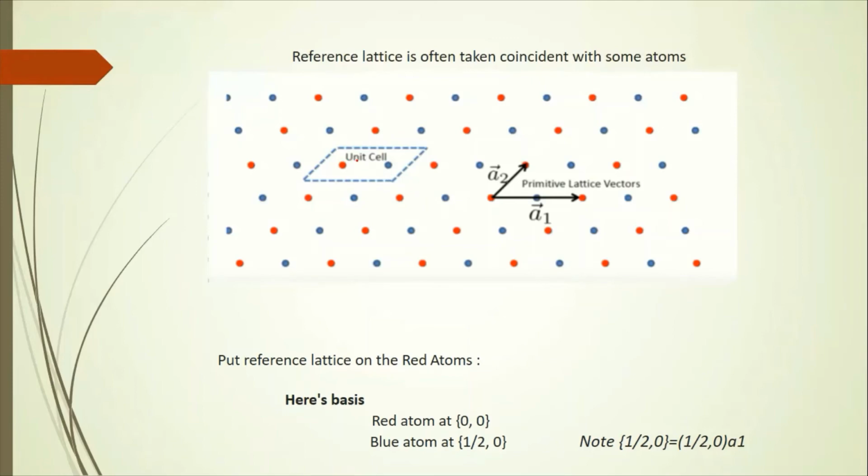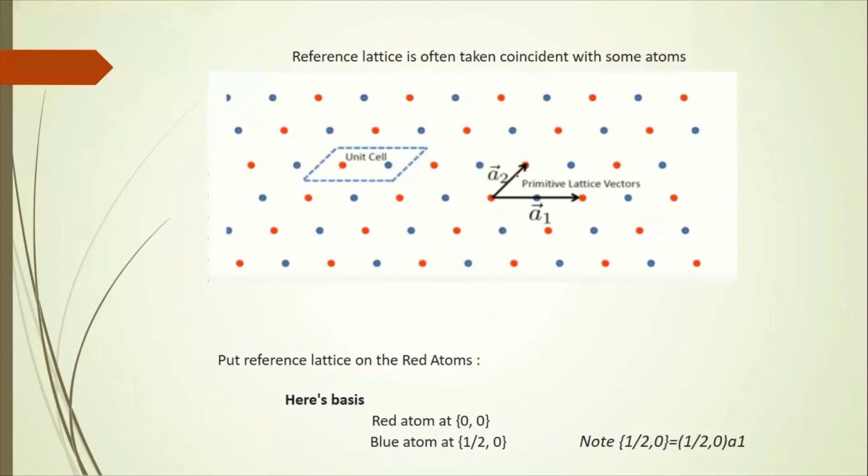But if I start with this blue atom and then go to the red atoms, I think we have to skip one in the horizontal direction on this side. So in my primitive lattice vectors A1 and A2, we can skip one atom.